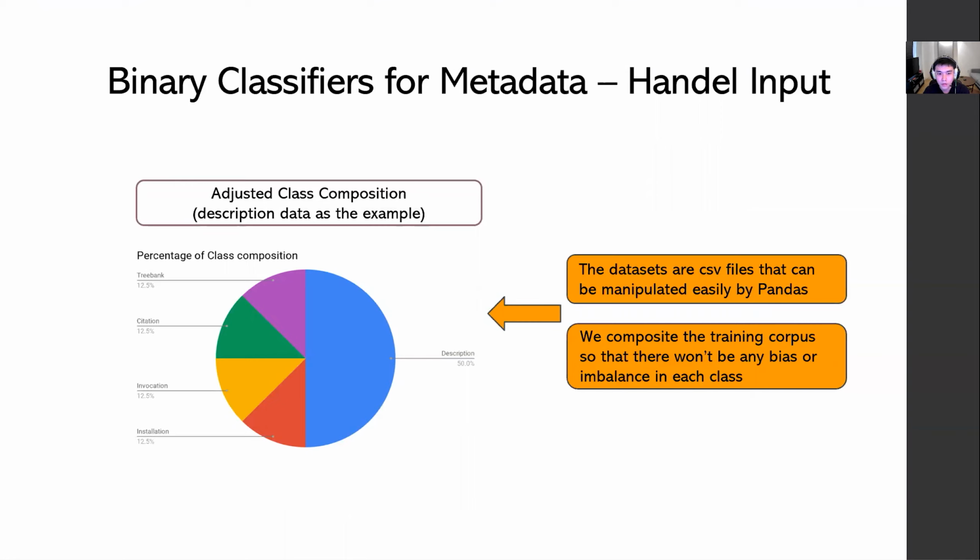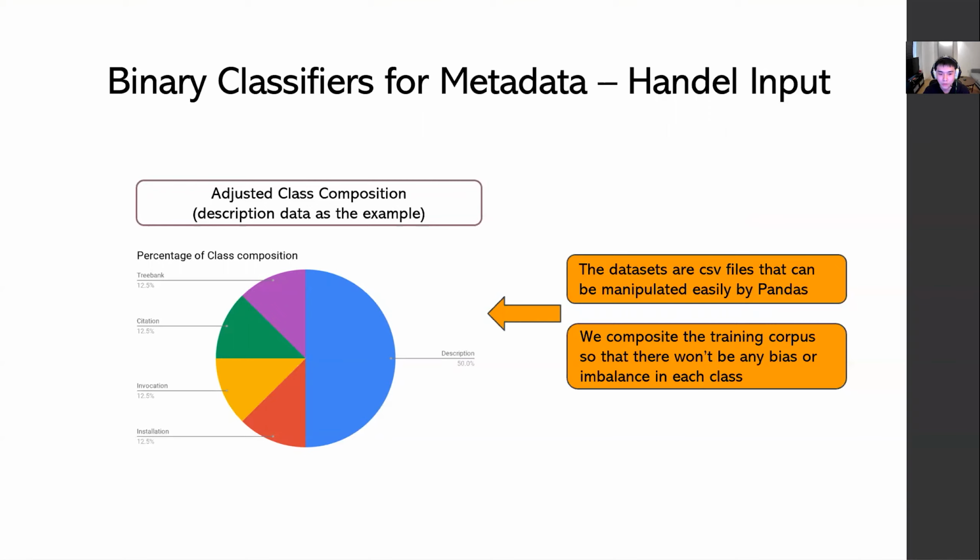Take the example of the description dataset. If we are trying to train the description classifier, we have to first create a new dataset based on all the description data and use some from citation, some from invocation, some from installation, and also a quarter from Treebank, which is adding corpus from the pandas.